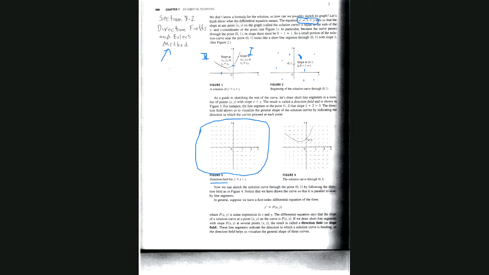So one thing that's interesting here, let me get my shape thing. I want a line here. I'm looking at this direction field, and it looks to me that if I want the solution that passes through the origin, I want to be careful here.